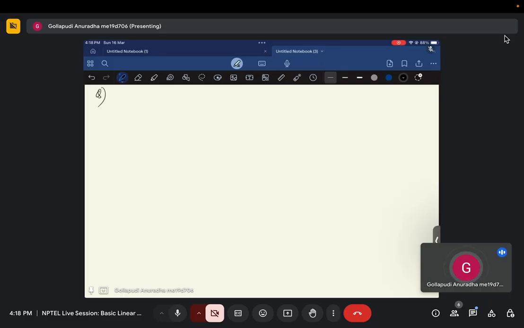Okay, similarly take one more question. If A is a subspace of some V, then its complement, which is V minus A, must be a subspace.